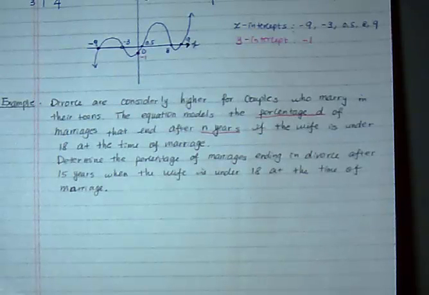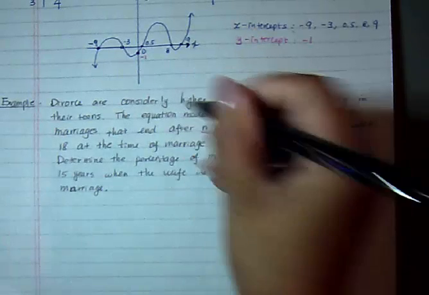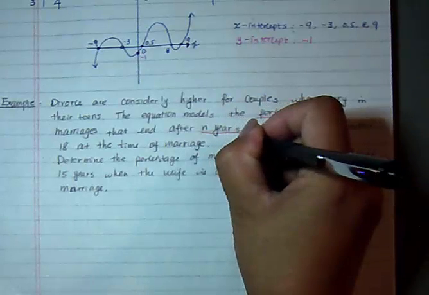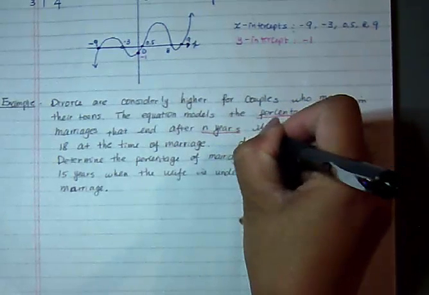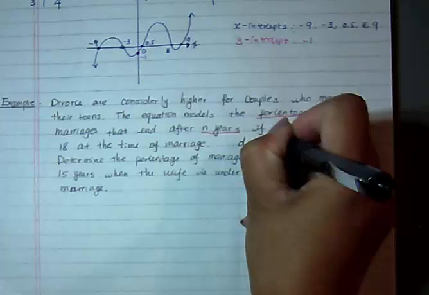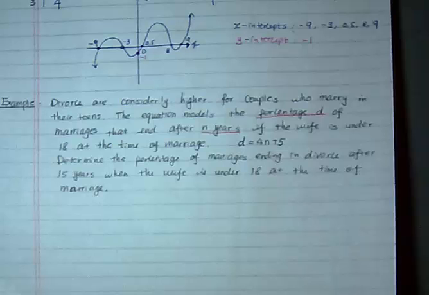Let me put the equation in here. So the equation is D equals 4n plus 5. Well, we are going to determine the percentage of marriages ending in divorce after 15 years when the wife is under 18 at the time of marriage.